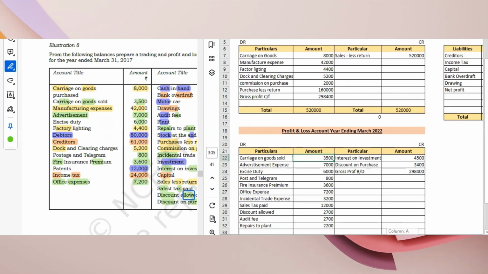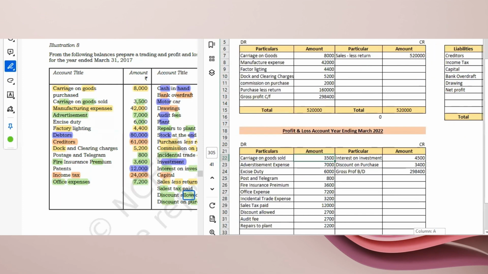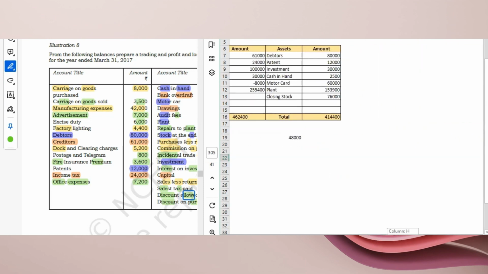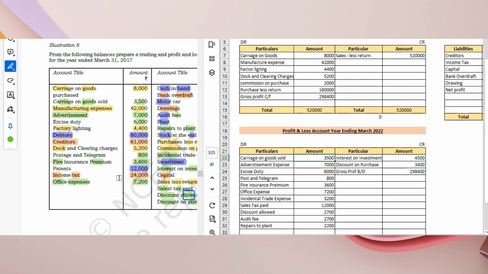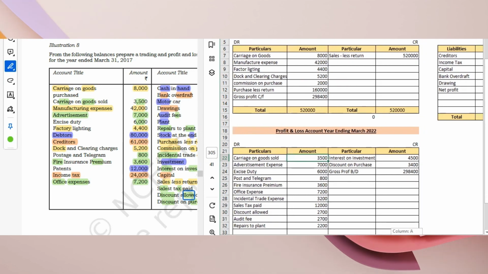Data 61,000, yes, it is correct. Dock and clearing charges, yeah, it is postage, correct. Fire insurance, correct. Patents 6,000, 12,000 patents, it is correct. Income tax 24,000, correct. Office expenses 7,200, correct.